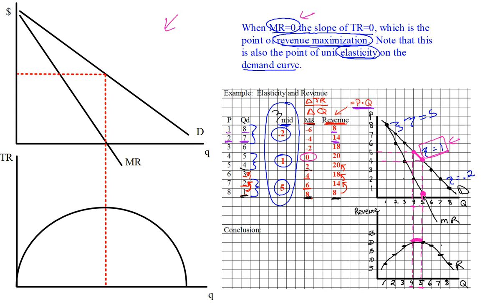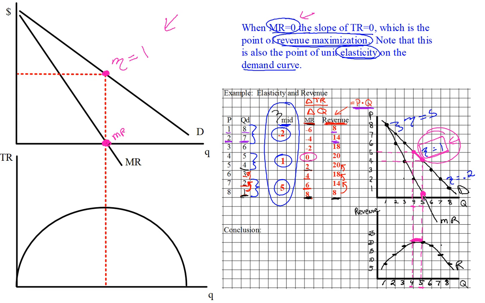Here's the thing that has to be true all the time. When we are at this point right here, that point will be the point of unit elastic, when the elasticity is equal to 1 on the demand curve. I showed over here on this graph that this has to be the point at which marginal revenue is equal to 0.